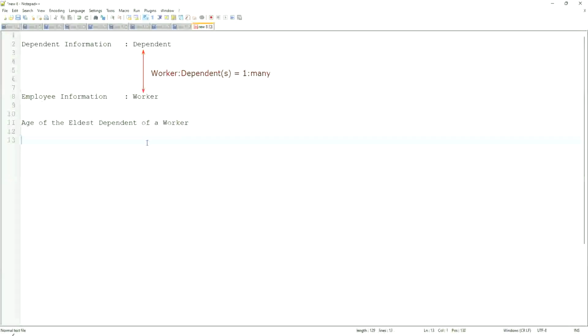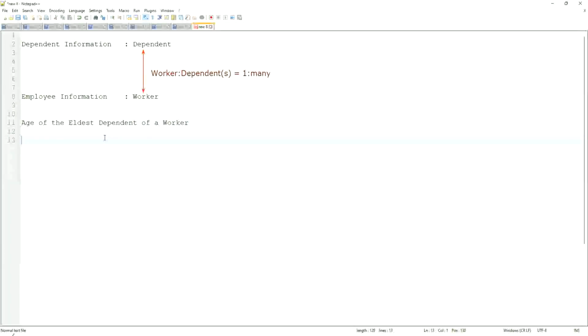Now, how would we do it using a calculated field? Let's break it down first. Age of the eldest dependent of a worker. There are two things to it. One is eldest dependent of a worker, and then age of the eldest dependent.